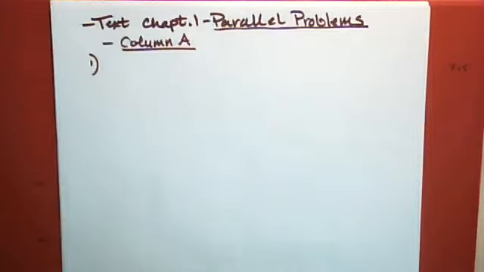At the end of each chapter, there are what are known as parallel exercises, and that's because they're arranged in columns, column A and column B, and the corresponding numbered questions in the two columns are very similar to each other. I generally assign people in the class to do the group B problems, or at least some of them, and the group A problems are the ones that have the answers in the back of the book.